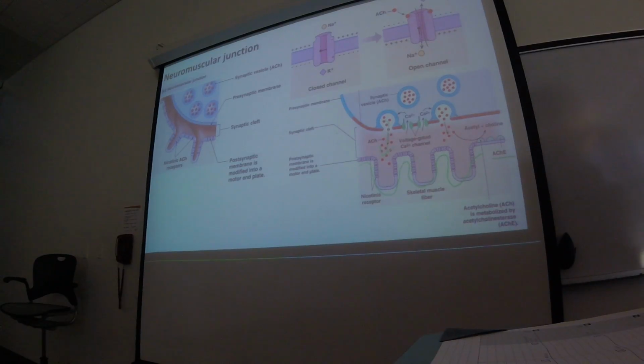Most of these nicotinic receptors are monovalent cation channels. We talked a little bit about this a couple lectures ago. These are ion channels that let monovalent cations, which are basically potassium and sodium, go by.